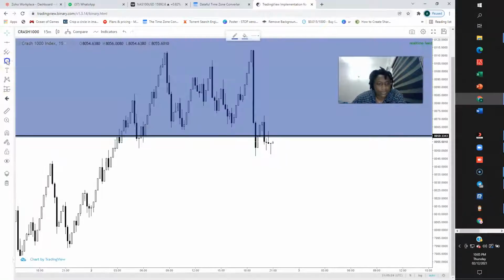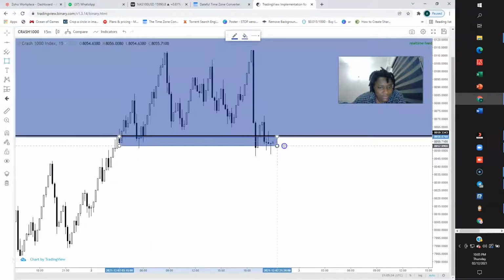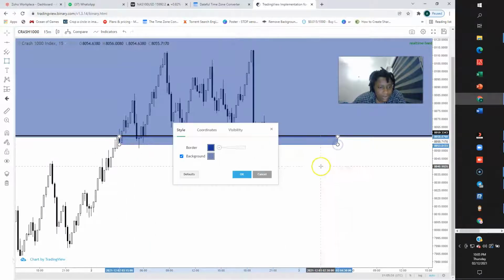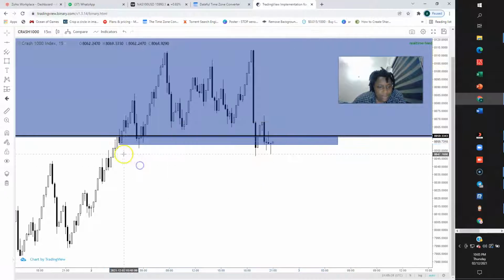So I'm taking note of whatever took price up to that point. I'm taking note of what happened here, how we had a bearish candle formed just at the beginning of that supply zone, and then we had these two bullish candles that pushed price into the supply zone, right?